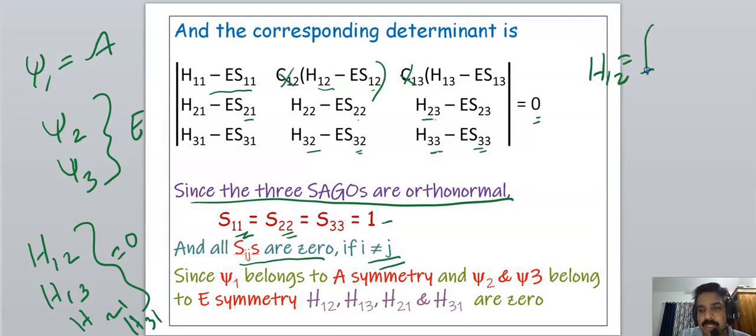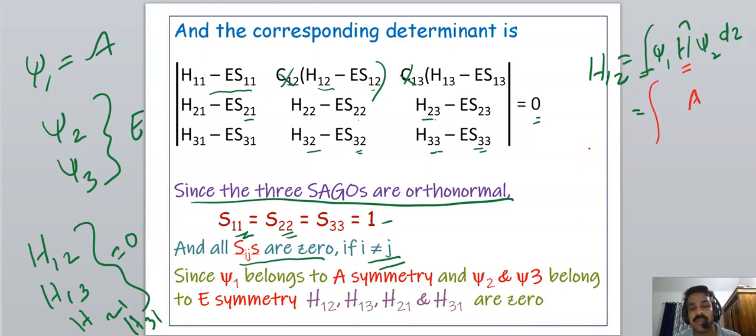H12 is actually the integral of psi 1 H cap psi 2 d tau. And we know that the symmetry of H cap is equal to A, because Hamiltonian is an energy operator. Energy does not change by any symmetry operation; we have already discussed that one. Energy cannot change by symmetry operation. Therefore, H cap has a symmetry of fully symmetric or totally symmetric.